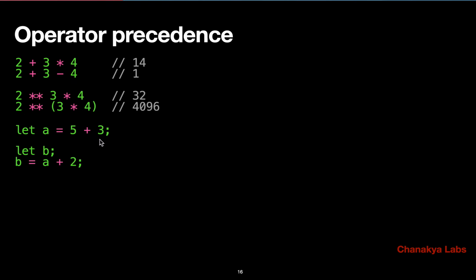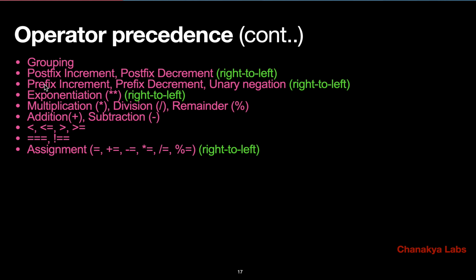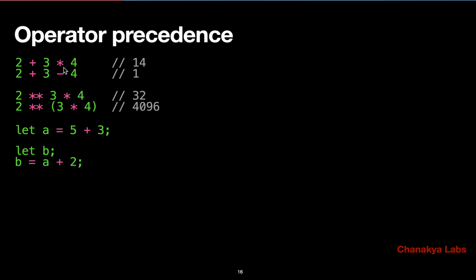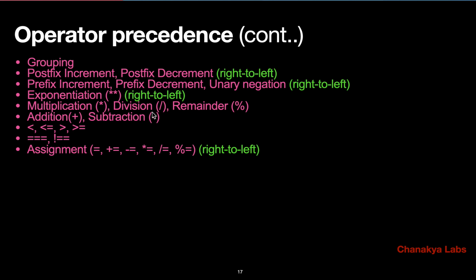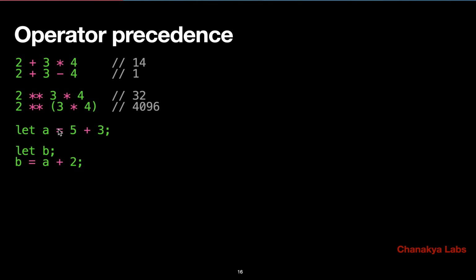So let's put everything into context. There is something called operator precedence. This is the order in which things are going to be executed. First thing we are going to do is grouping, which means that wherever parentheses or brackets are there, that has the highest priority.